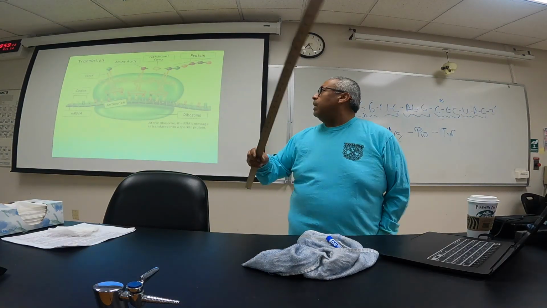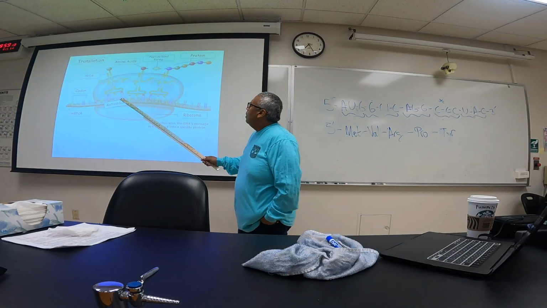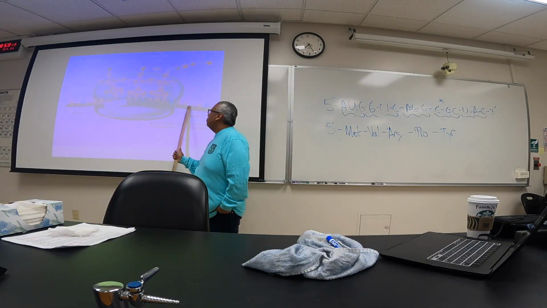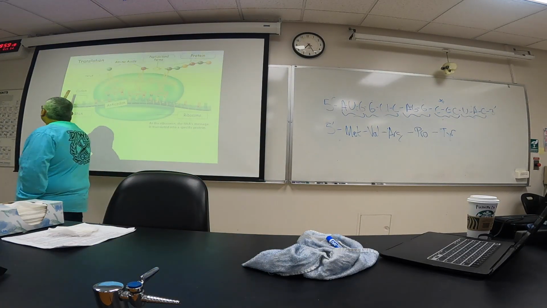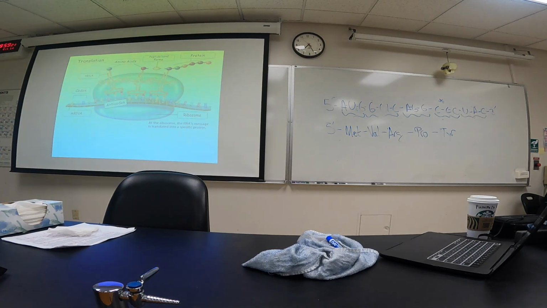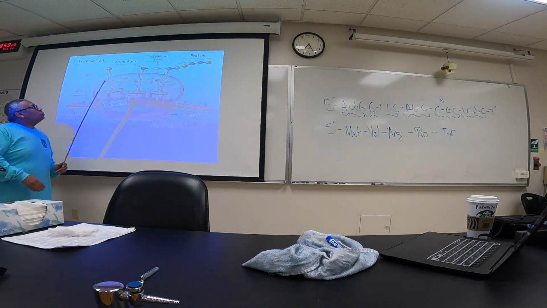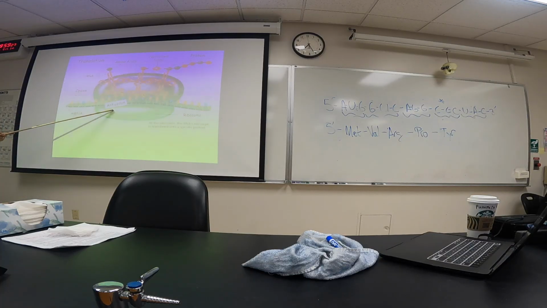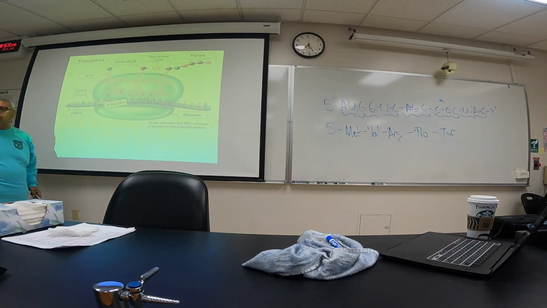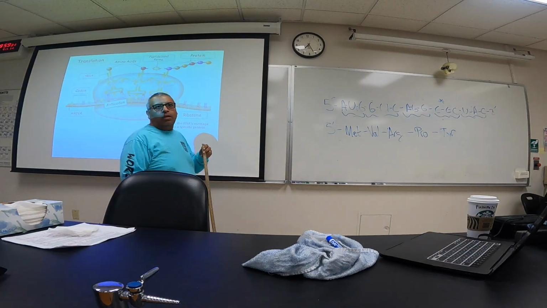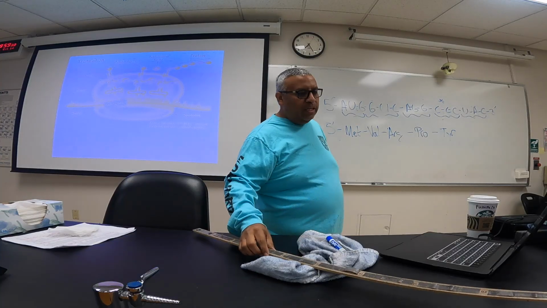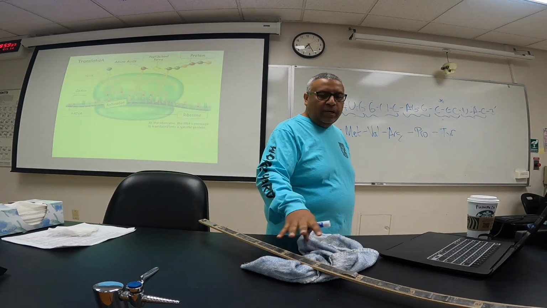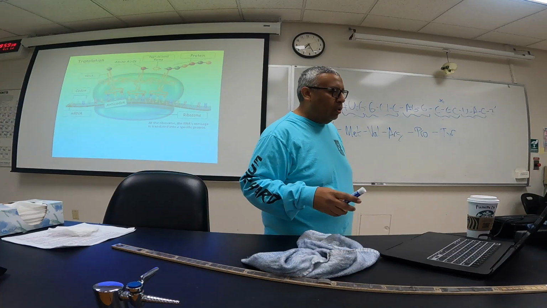And then let's look at transfer RNA. The messenger RNA contains the codon. The transfer RNA contains what we call an anticodon. So the transfer RNA contains the anticodon, while the messenger RNA contains the codon.